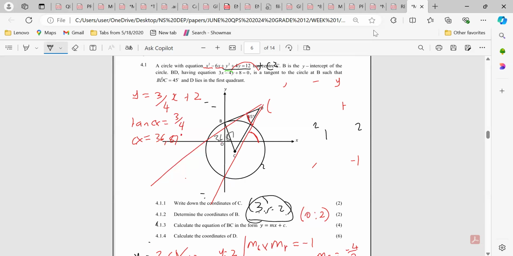But now look at this one. This one is an angle outside. If I add these two angles up, they give me that angle there.